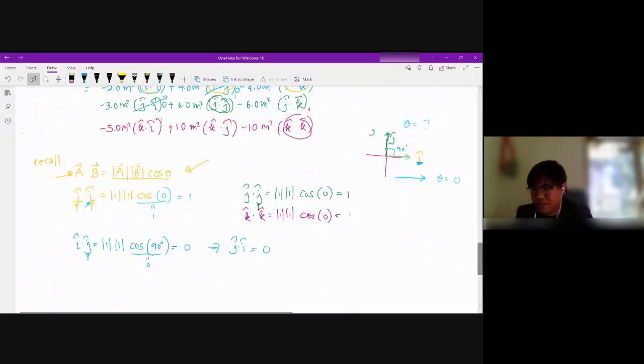So how about j hat dot k hat. So that would mean j dot k hat. Again, class, ang kining pointing vector nimo kay they are actually arranged such that ang ilahang angle between them is actually 90 degrees.